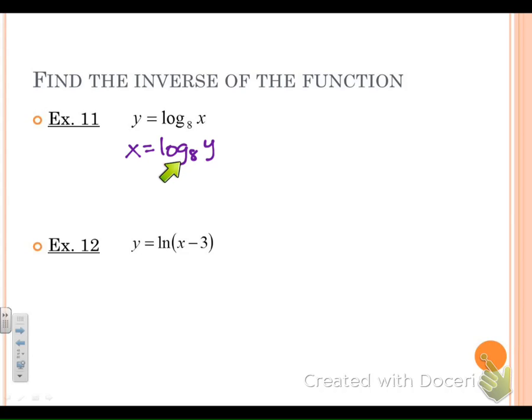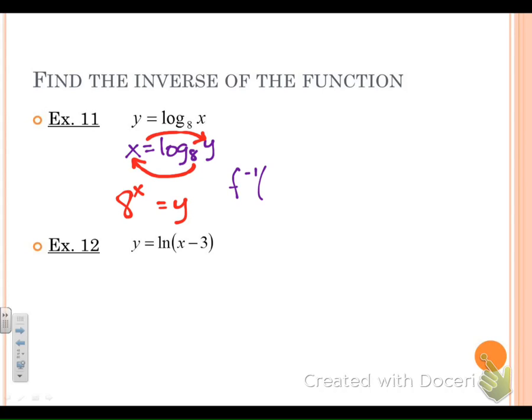Notice how log is on this side. So our circle kind of goes backwards. We're going to do 8 to the x equals y. This is our inverse. So let's actually put that down.